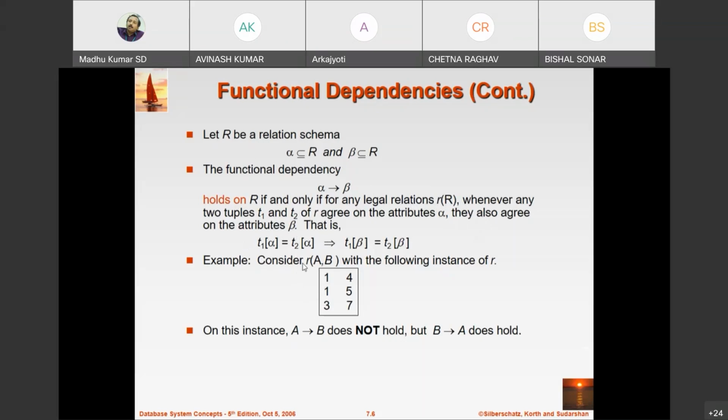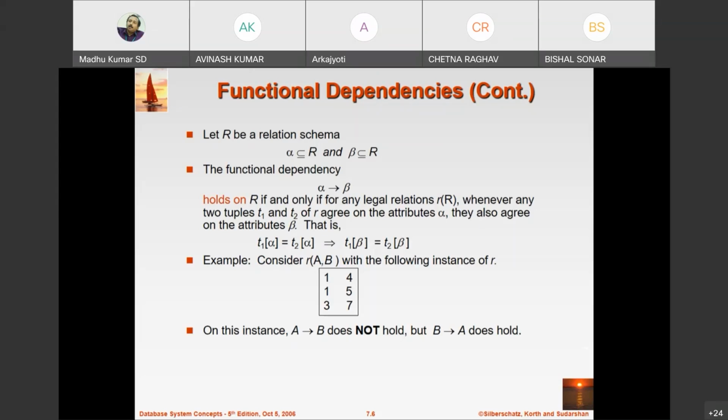That means whenever the roll numbers are the same, then the name is also going to be the same. Or whenever the roll numbers of two different tuples are the same value, their CGPA is also going to be the same, because roll number determines CGPA, or roll number determines the name, or roll number determines the email ID, right?